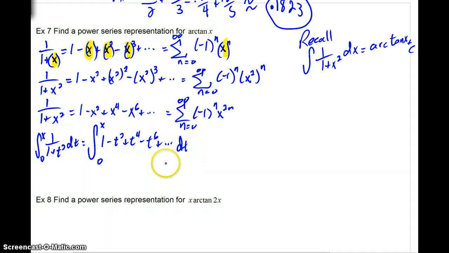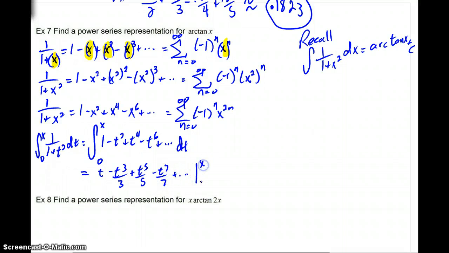We are doing something just amazing. We're doing a term-by-term integration. The integral of 1 with respect to t is just t. This is t to the 3rd over 3, plus t to the 5th all over 5, minus t to the 7th all over 7, and so forth.